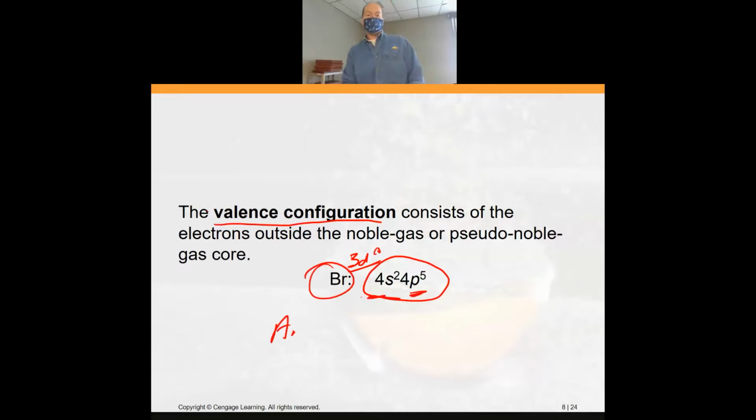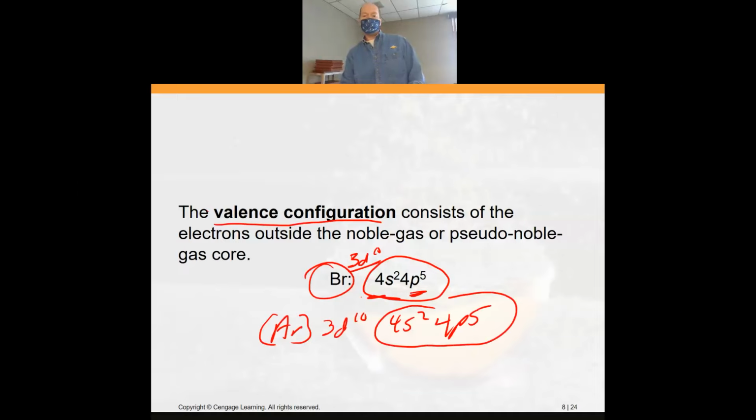So we had argon, then a 3d10, then a 4s2, and a 4p5. The 4s2 and the 4p5 are your valence electrons. So this one has 7 valence electrons, 2 from the S and 5 from the P.